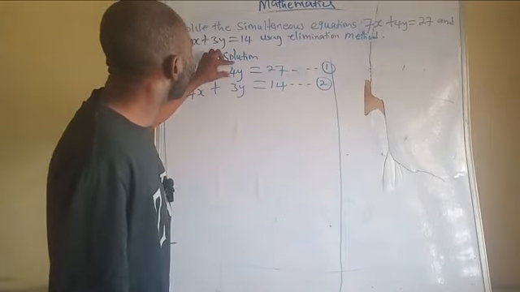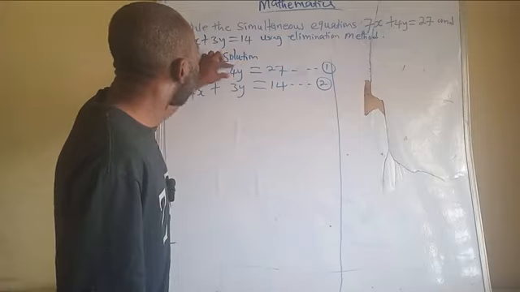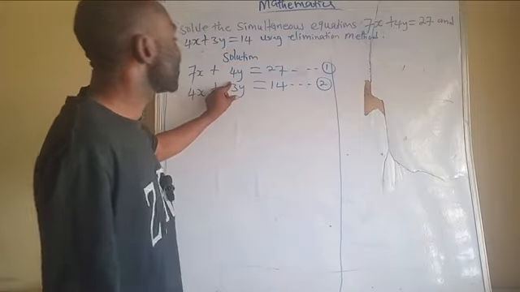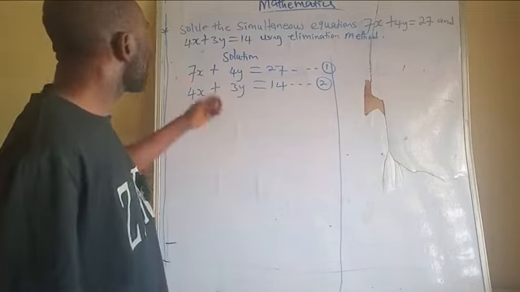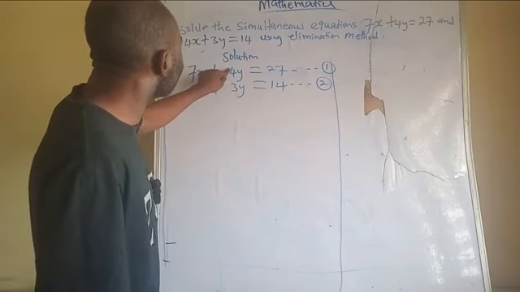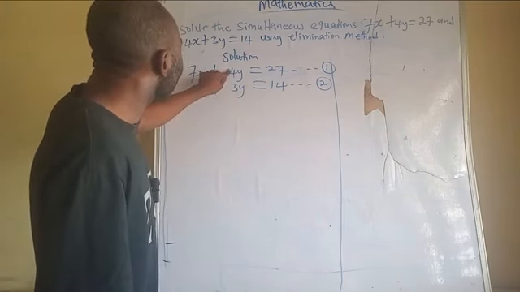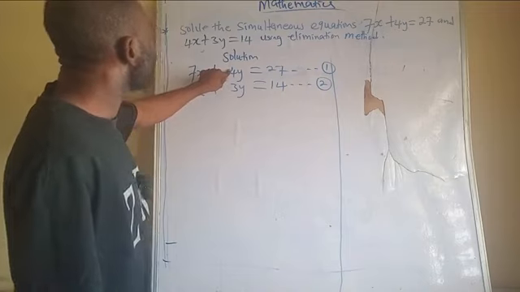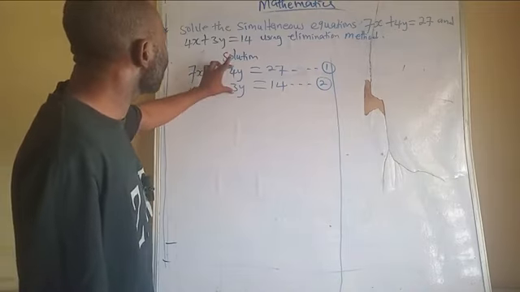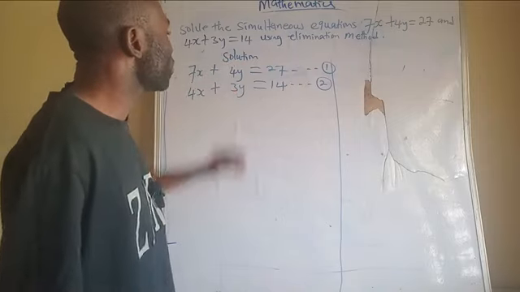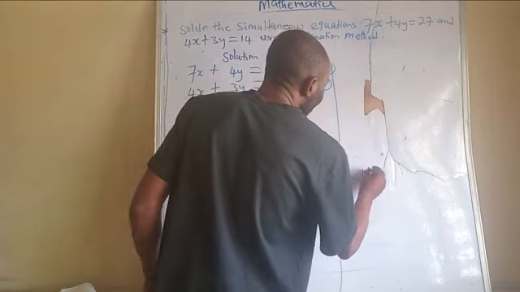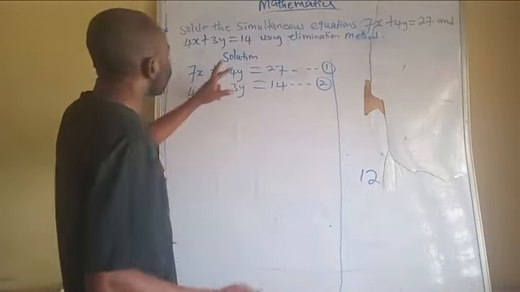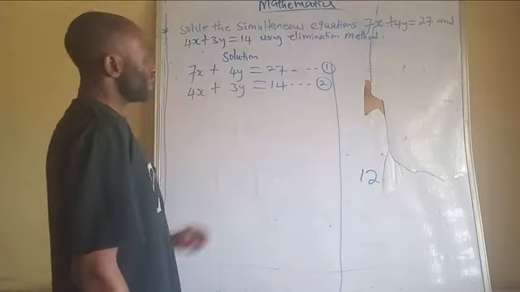The coefficient of y for equation 1 is 4, and for equation 2 is 3. If you check the coefficients of y from both equations, their common multiple is 12, because 4 times 3 is 12.